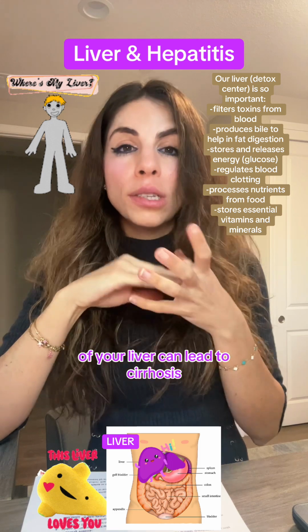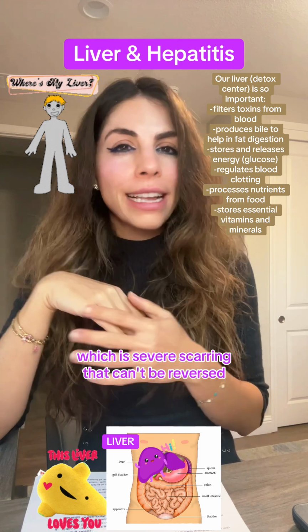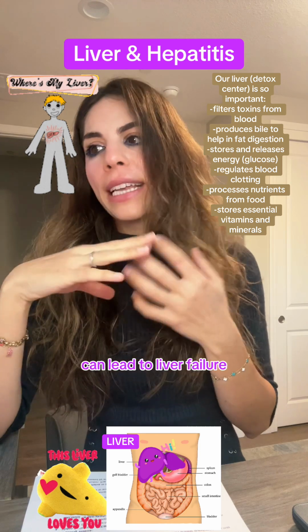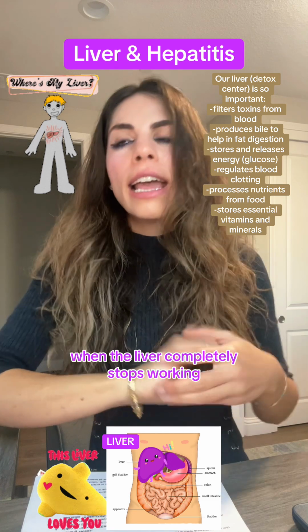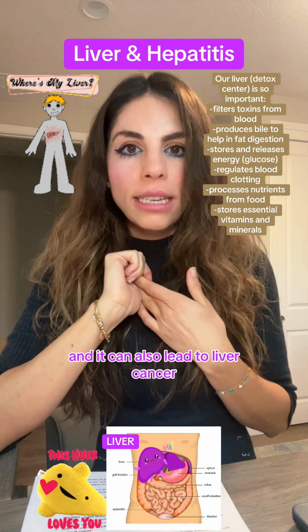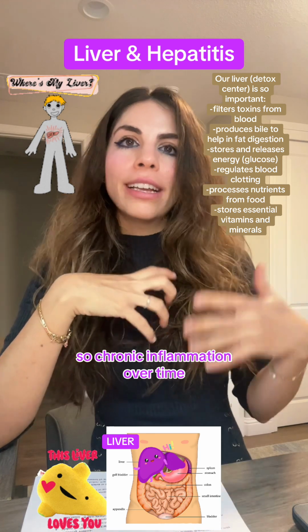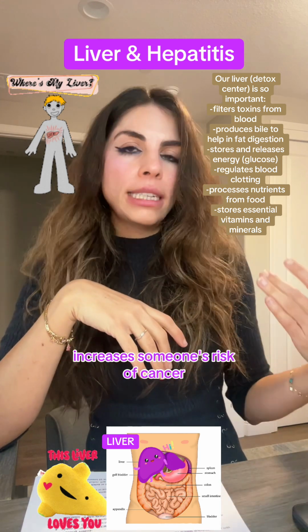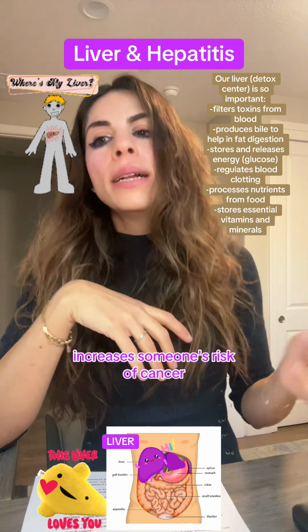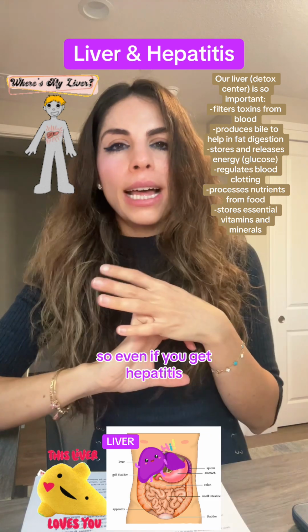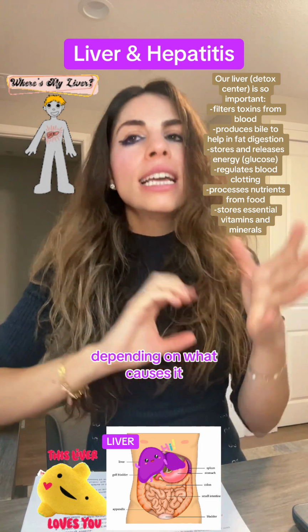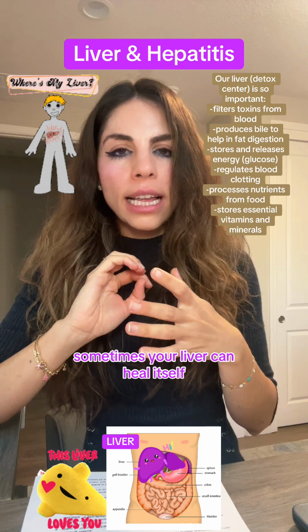It can lead to cirrhosis, which is severe scarring that can't be reversed, and liver failure, when the liver completely stops working, and it can also lead to liver cancer. Chronic inflammation over time increases someone's risk of cancer. But keep in mind that your liver can remake itself. So even if you get hepatitis, depending on what causes it, sometimes your liver can heal itself.